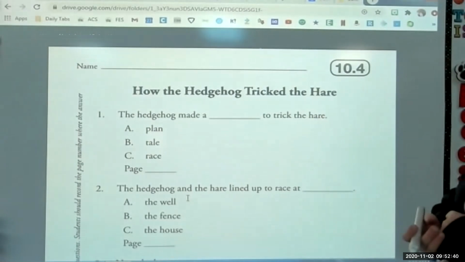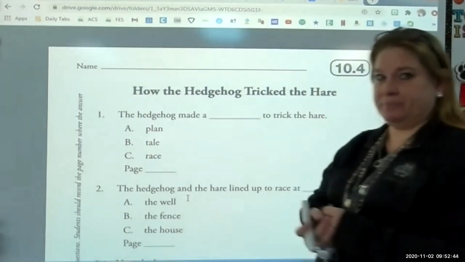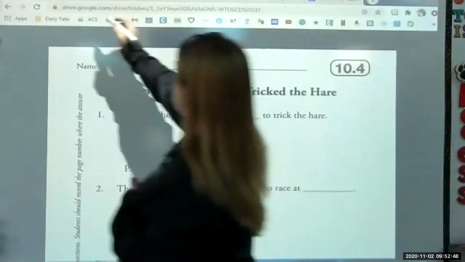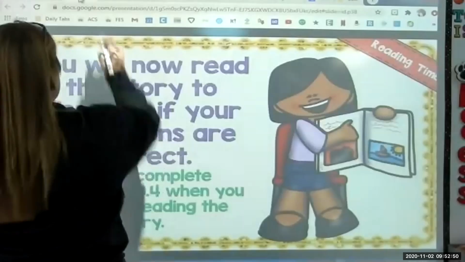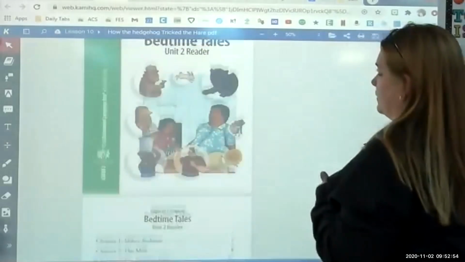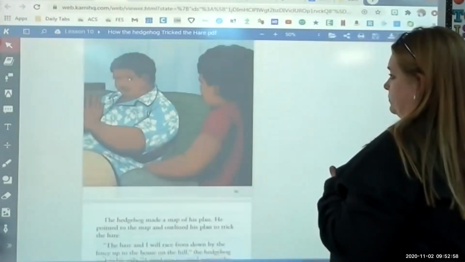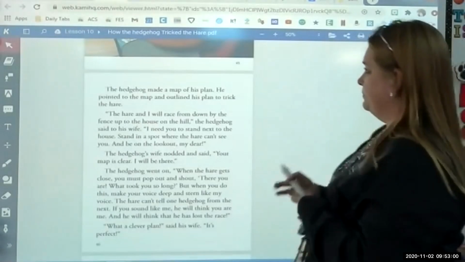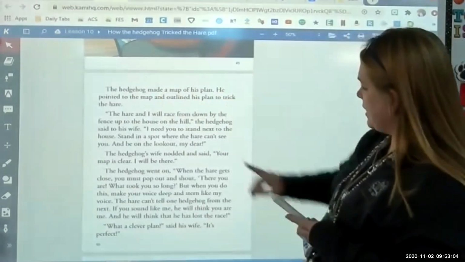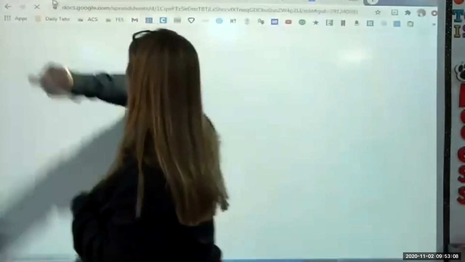Did he make a plan, a tale, or a race? He made a plan, and that was on page 46.